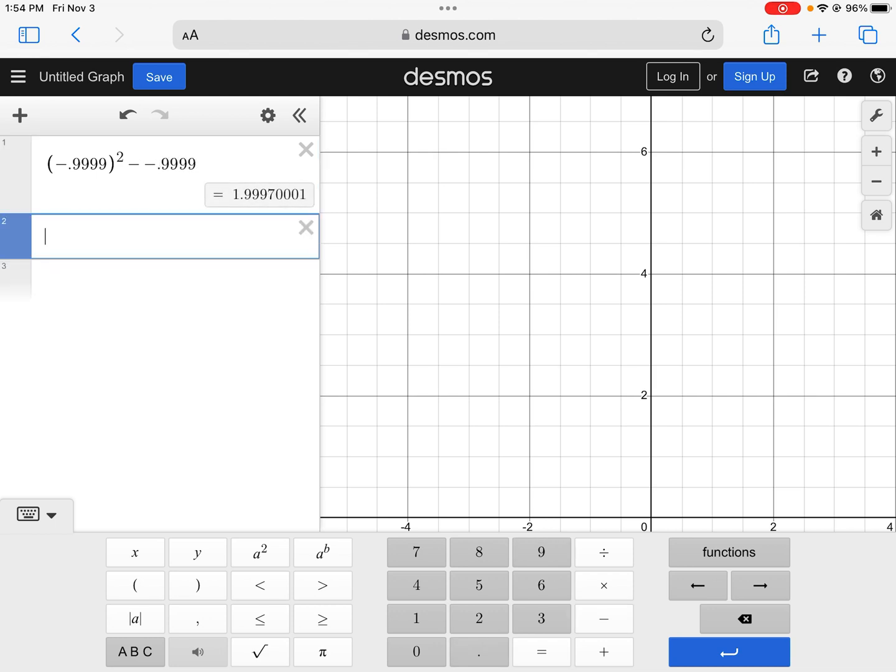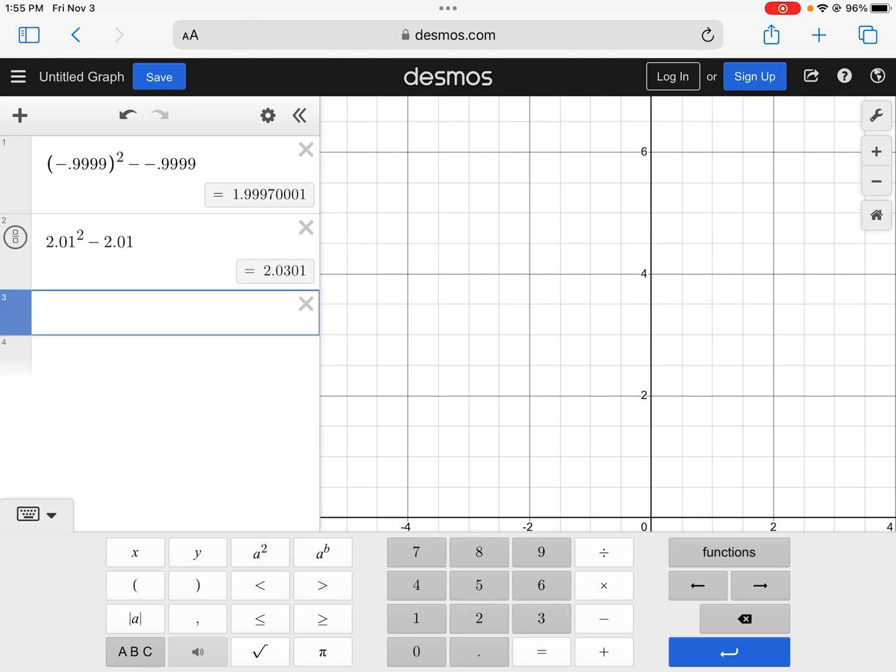Then we said 2.01, so 2.01 squared minus 2.01. All right, so if we did this, we'd have 1.9997 minus 2.01. Oops. Over our x value, negative 0.999 minus 2.01.